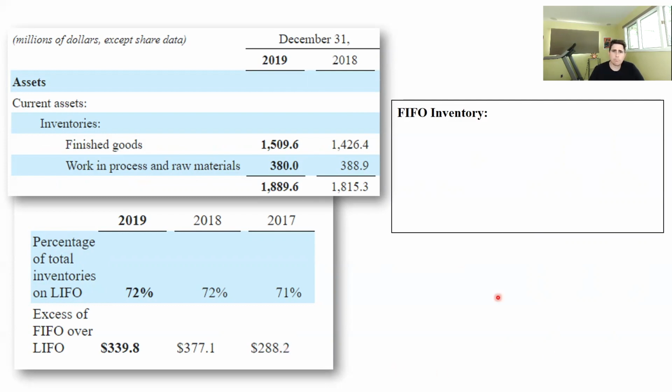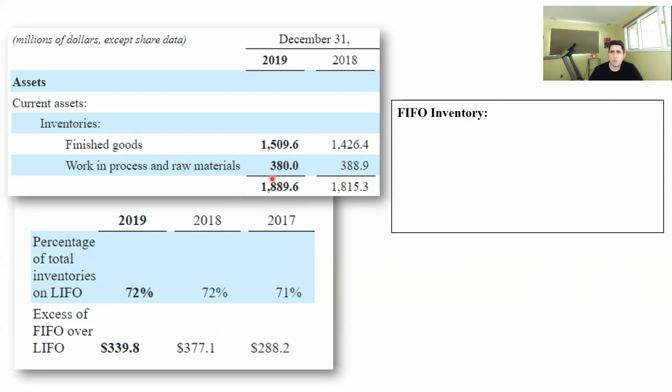Their total book value of inventory at December 31st, 2019 is 1889.6. That is their inventory balance. 72% of that inventory balance is accounted for on a LIFO basis, and the remainder is accounted for probably on a FIFO basis, or some other basis. So we want to convert this to what it would be if it were 100% FIFO.